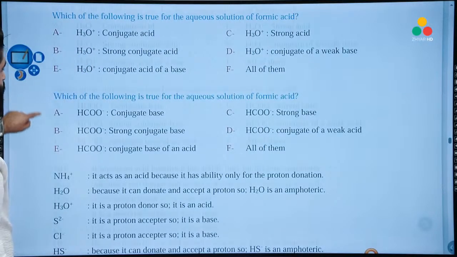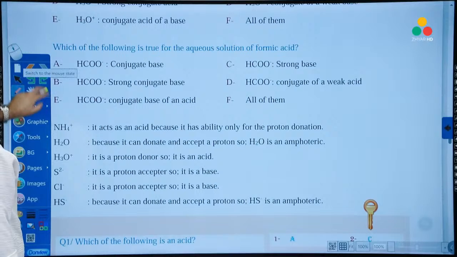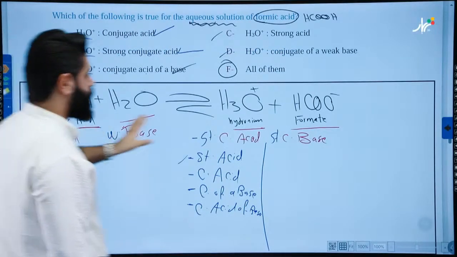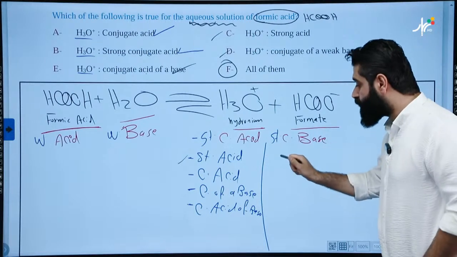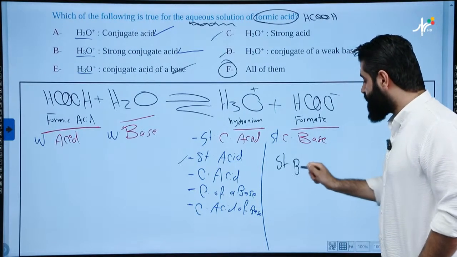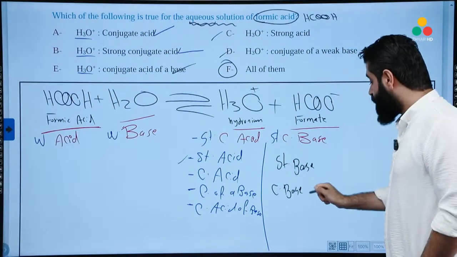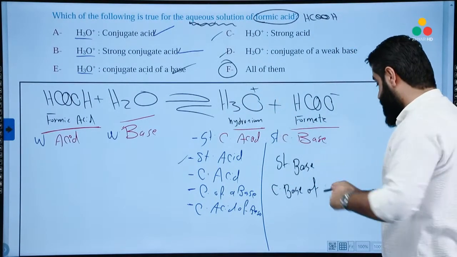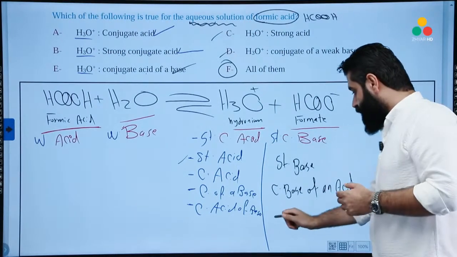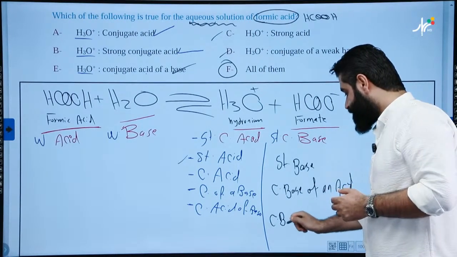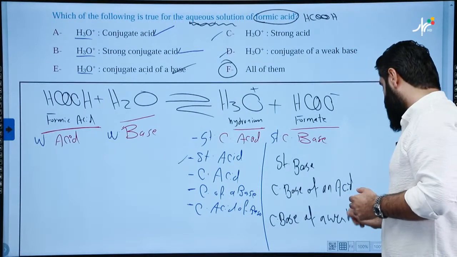Another one, look at this, my dear. Based on the previous question, let's use the same terms for HCOOH. This is a strong conjugate base, also called a strong base or conjugate base of an acid, okay, or conjugate base of a weak acid.